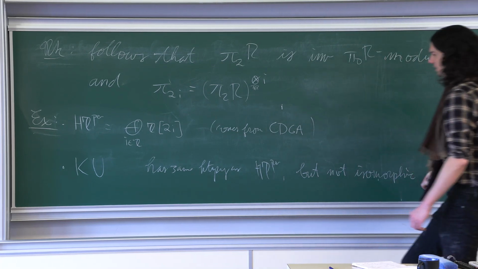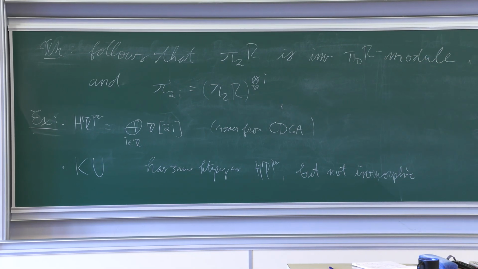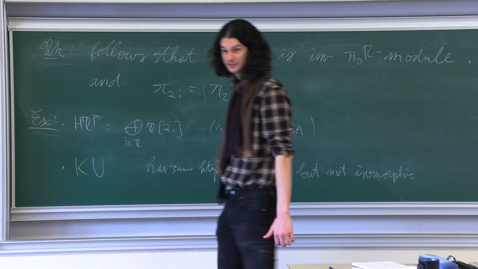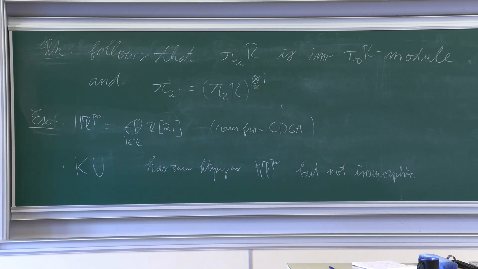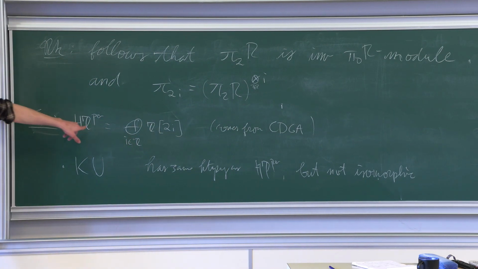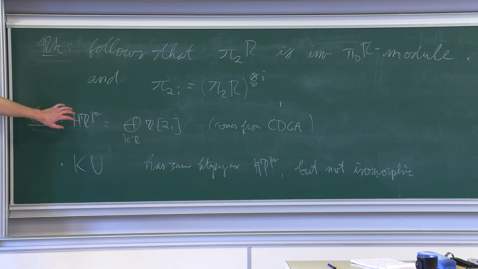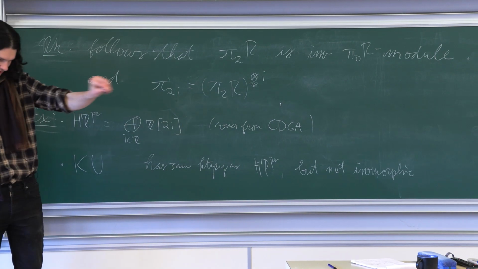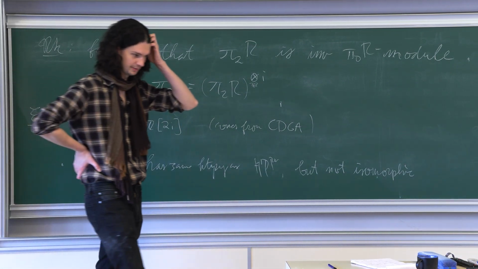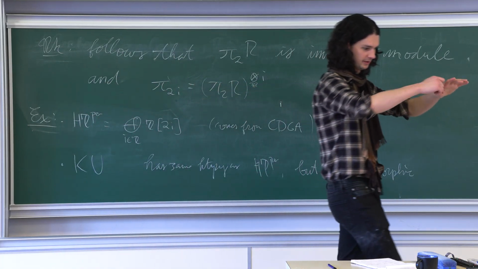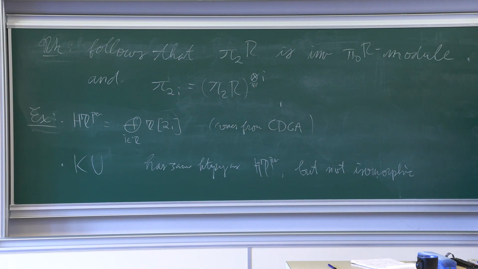Actually, we can prove it's not isomorphic, if you believe everything I've told you up to this point, because when you take KU mod p, I told you that's v1 periodic. But if you take HZ periodic mod p, it cannot be v1 periodic, because it will be a direct sum of things which are concentrated in a single degree, and if you have something concentrated in a single degree and you invert v1, just for degree reasons, you'll get 0.